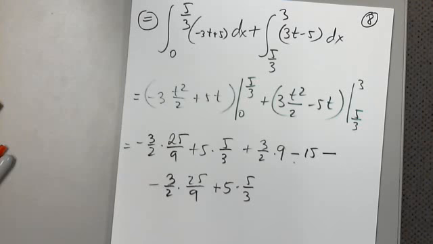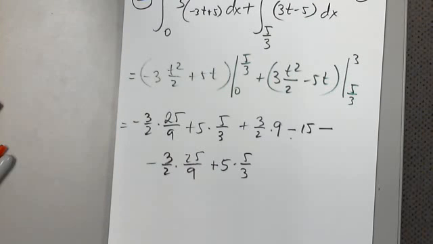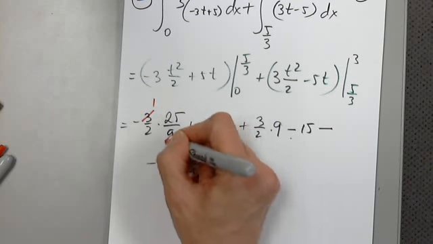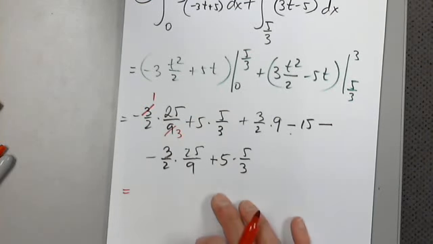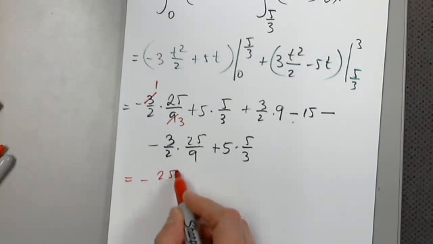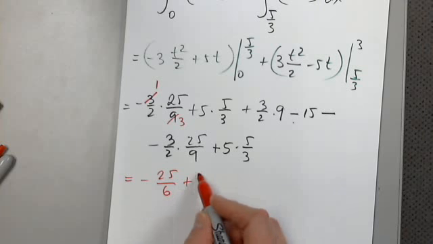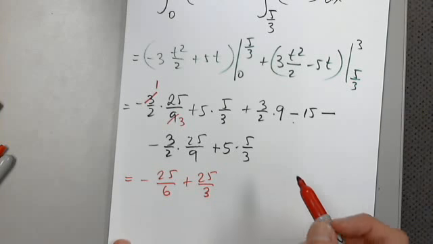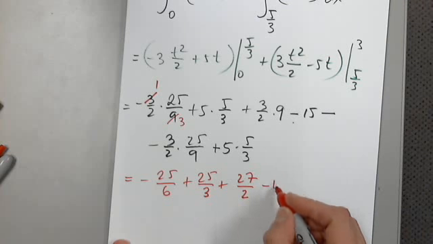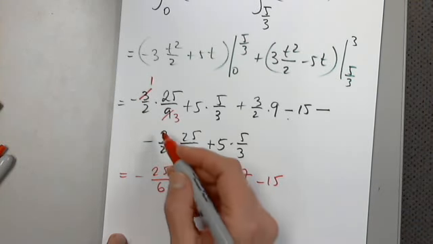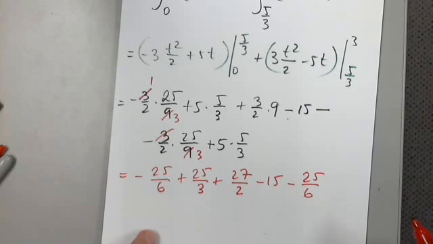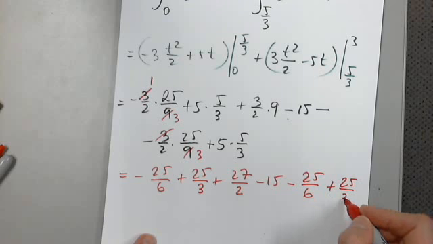Okay, so let's see. I will simplify a 3. And I have negative 25 over 6 plus 25 over 3 plus 27 over 2 minus 15 minus 25 over 6 again plus 25 over 3.